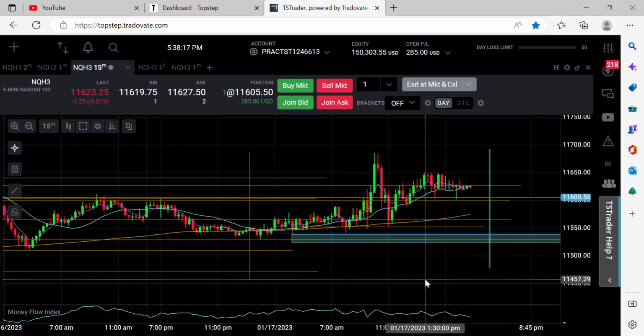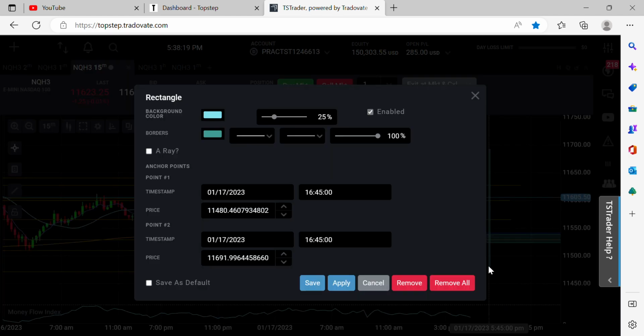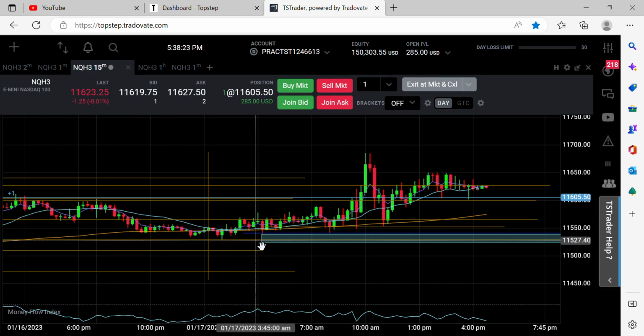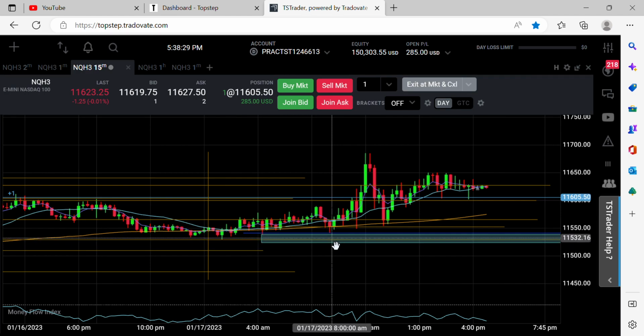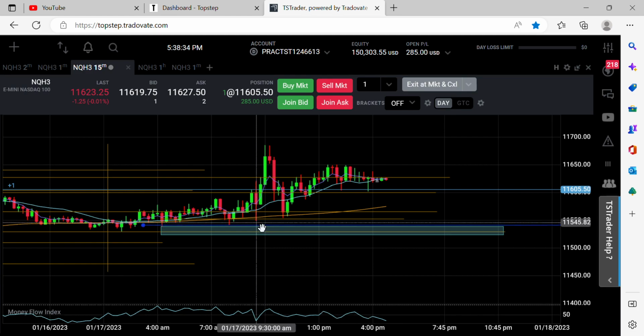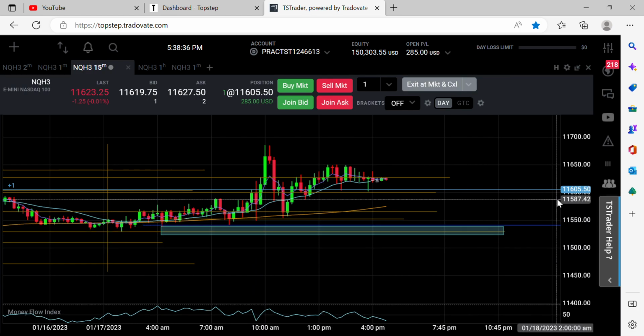Okay, so we can see once we hit this low here, we hit it again at 8, right? But we're not breaking it. And we're just about ready to roll in to our 9:30.